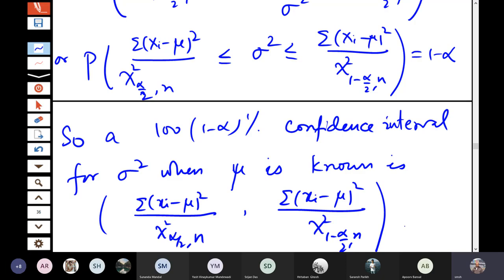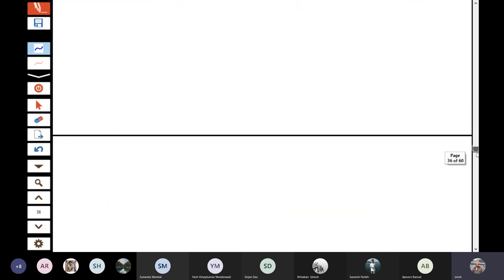Now if mu is unknown, then we cannot make use of this pivot quantity. So we go for another one.